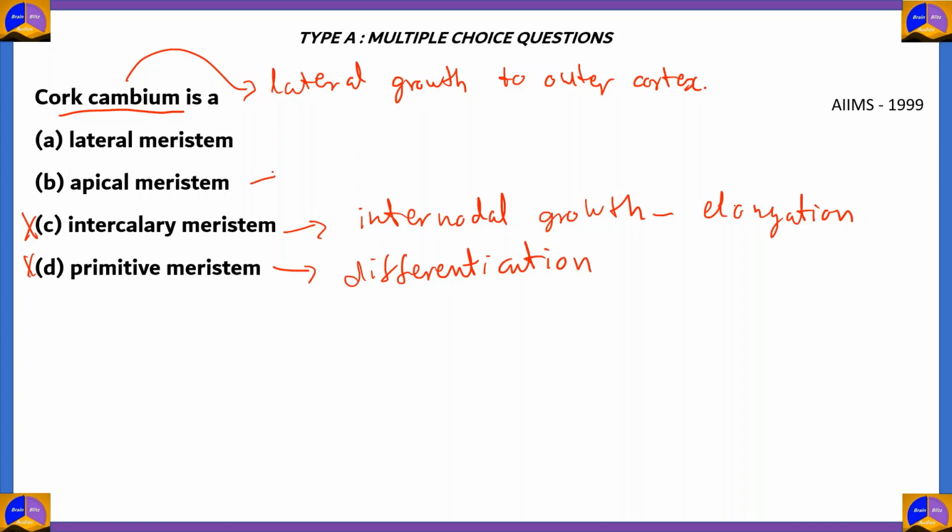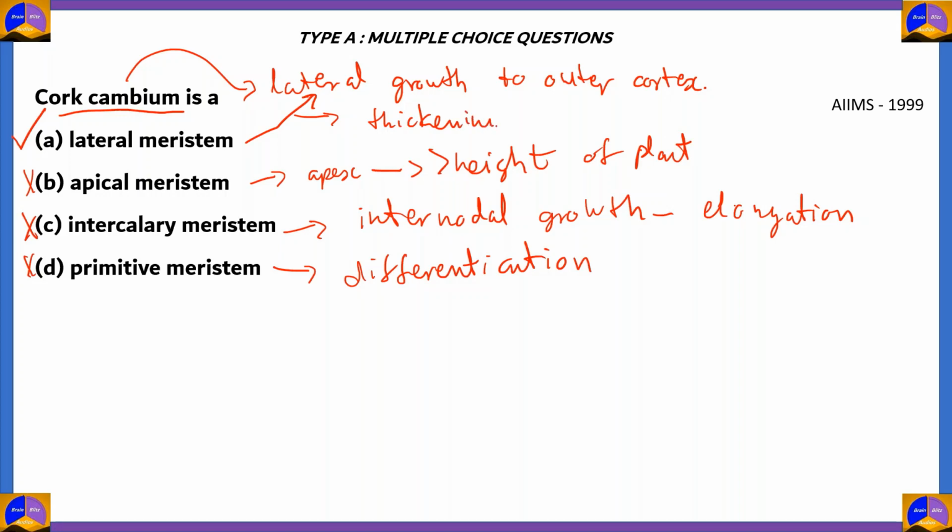This again is found at the apex, and it is used to increase the height of the plant. Option B is incorrect. The right answer is option A, lateral meristem. Lateral meristem gives lateral growth. So that is the thickening of the stem, whether it be in the cortex or in the vascular bundles. Cambium or lateral meristem is used for thickening of the stem.